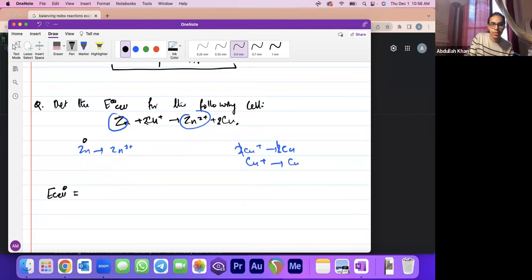Right, so this one's going from 0 to +2 charge. This one's going from +1 charge to 0 charge. Yeah, it's the copper that's getting reduced, exactly. So it's going to be the reduction potential of the reduction reaction, which is the copper reaction, minus the reduction potential of the zinc reaction.